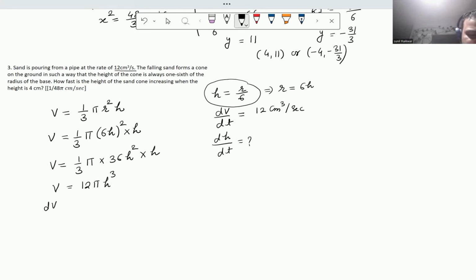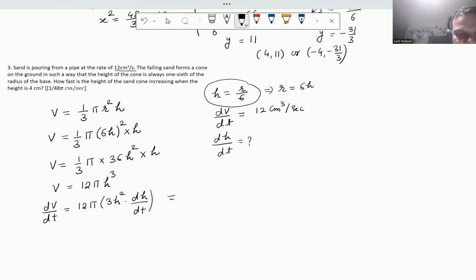So dV over dt equals 12 pi. Okay, h cubed, just differentiate h cubed with respect to t. We have to use the chain rule. So 3h squared dh over dt.